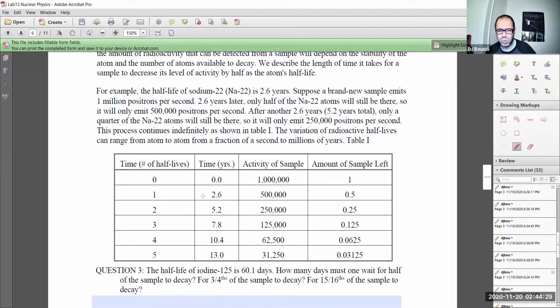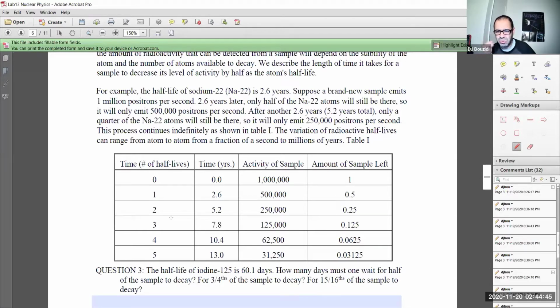After 2.6 years, or one half-life, a little over 2.5 years, you end up with only 500,000, or half of the quantity is gone.